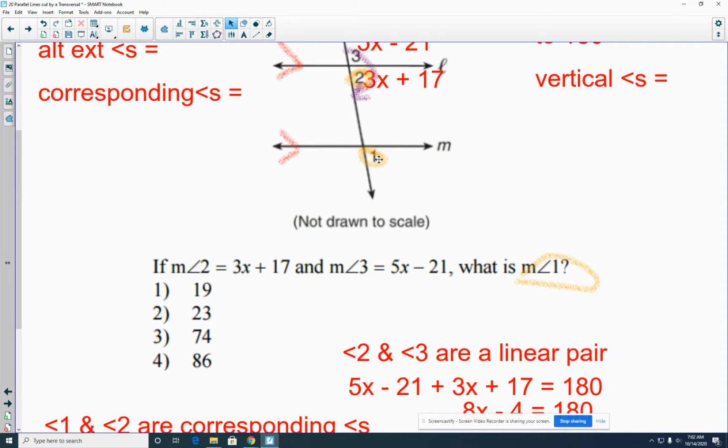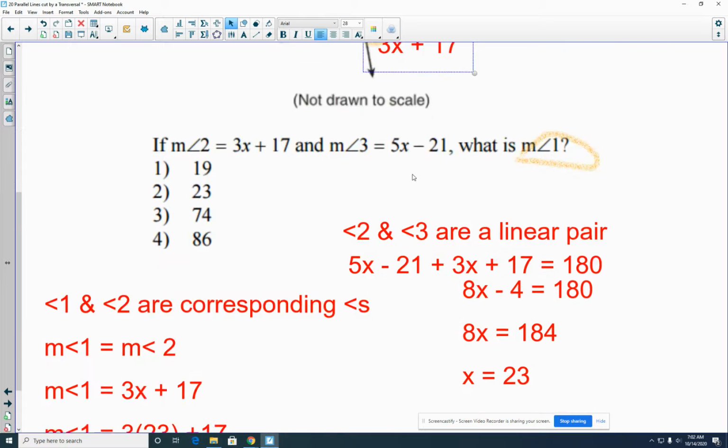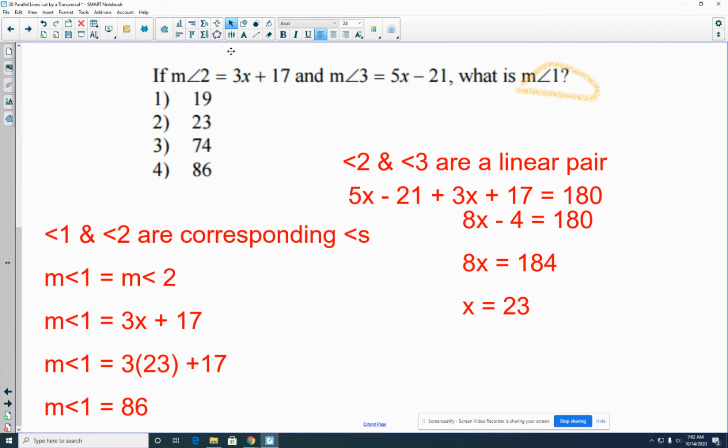So I look for a relationship with angle 1 and one of these angles. So angle 1 and angle 2 are equal because they're corresponding angles. So if angle 2 is 3x plus 17, well, so is angle 1. And x was 23, so I plug it in, and that means that my answer here is choice 4 at 86.